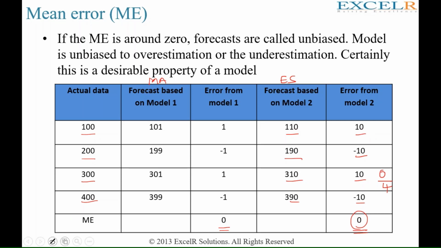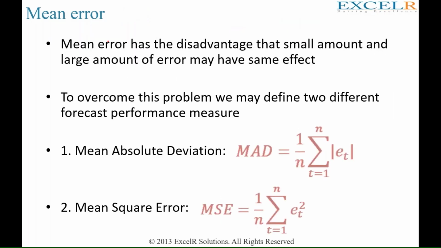This is a drawback of mean error. And this is the reason why we have mean absolute deviation and mean squared error.